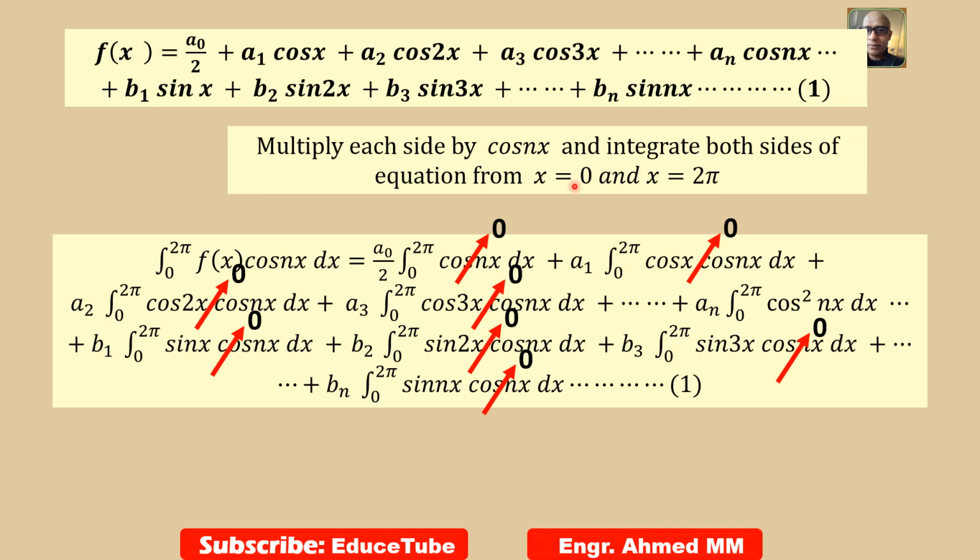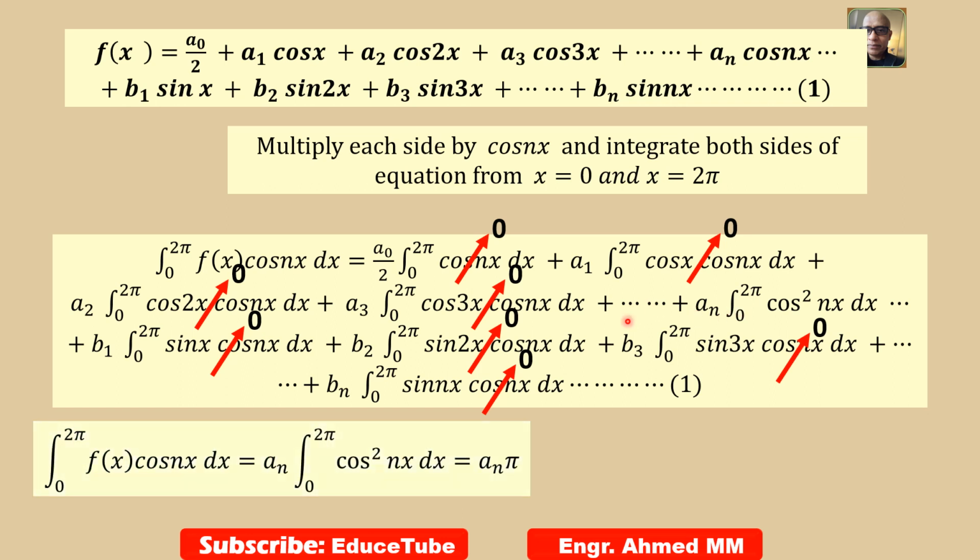So, remaining is this on the left hand side and this on the right hand side, cos square nx. So we can bring these two terms out. And integrating the right hand side, we get an pi.